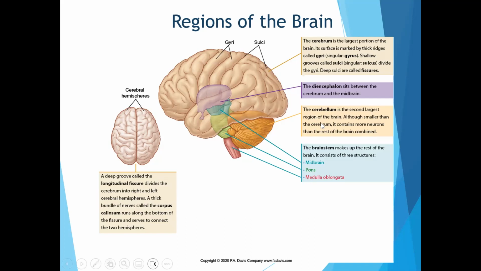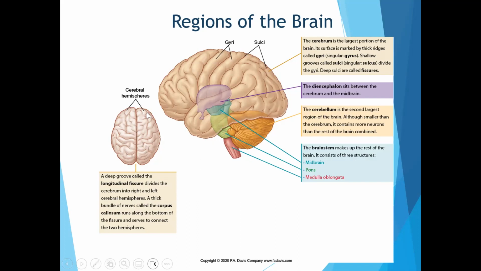And so it has a lot to do with our vestibular function, our balance, our proprioceptive function, all that stuff. Finally, we have our brain stem, which can be broken down into three different parts. You have your midbrain, your pons, and your medulla oblongata, or a lot of times you'll just hear that referred to as the medulla. And we'll talk about each individual function of the brain stem a little bit further along.